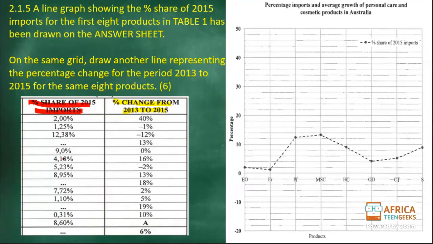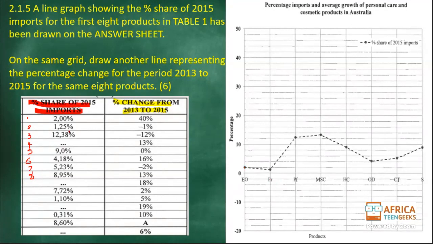The first 8 products. So it's 1, it's 2, it's 3, 4, 5, 6, 7, 8. Those are the ones we are focusing on. You'll see the first one here is the 2%. And you look at your graph, that means right up there, it's 2%.